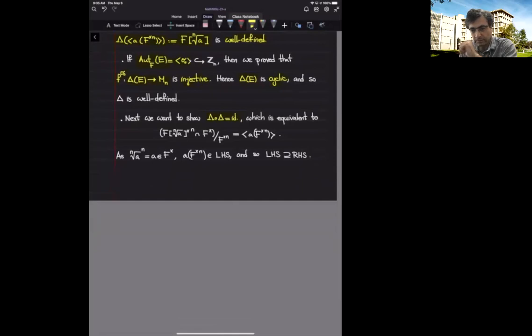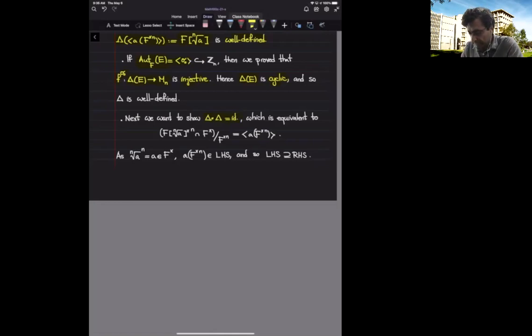Actually, I'm first addressing the other way around. I want to take a subgroup, and then this cyclic subgroup I assign an intermediate subfield, and then I apply delta in order to get a subgroup. So we want to show that delta composed with lambda is identity.